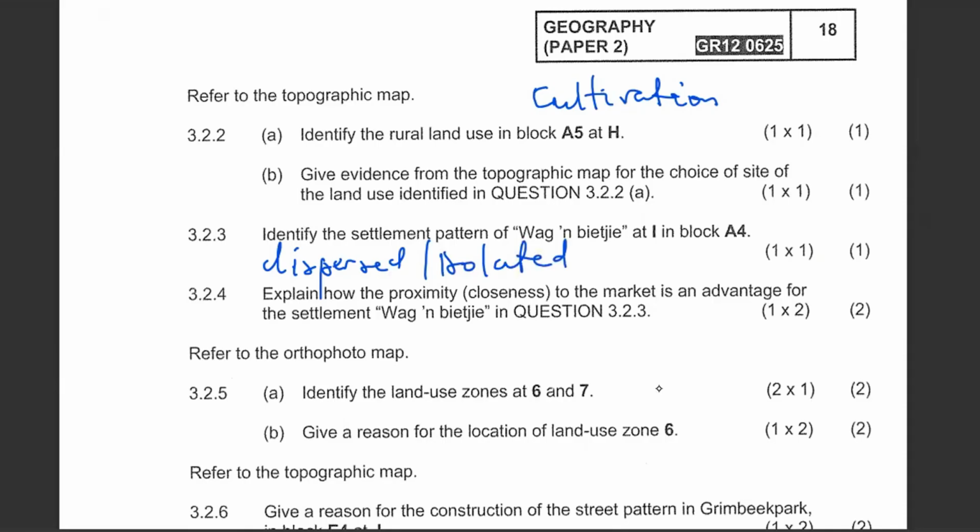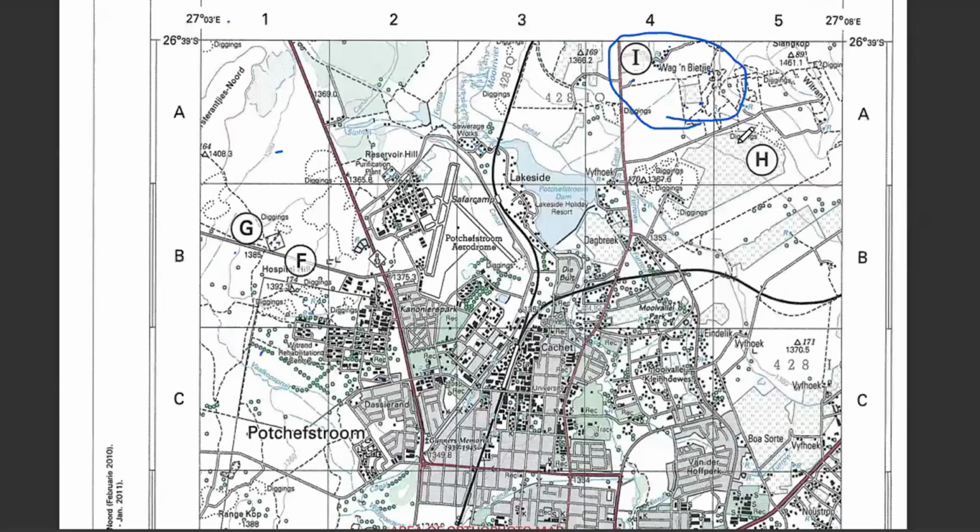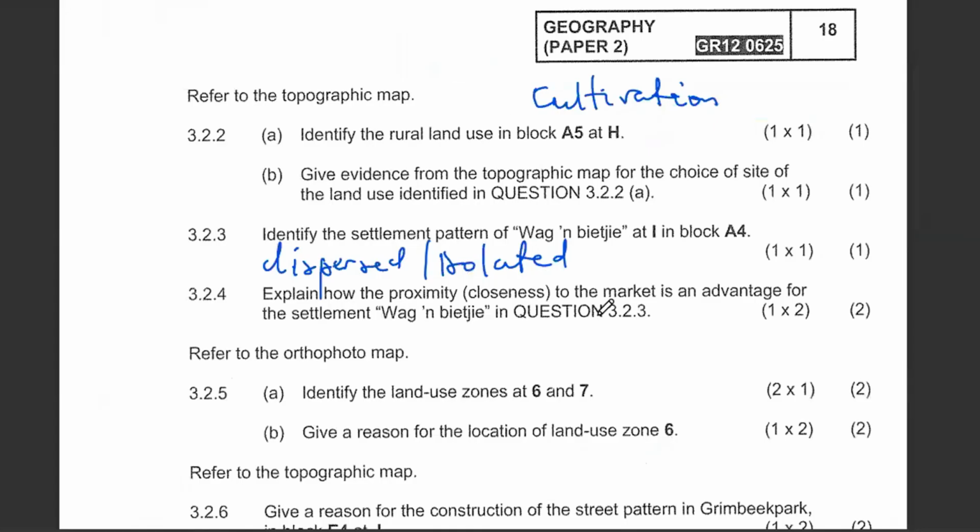Explain how proximity or closeness to the markets is an advantage for the settlement Wagon Beach. Why is it an advantage for it being close to the market? Right. If we check this area here, we can see there's cultivation taking place here, which means it's also a farming area. So if it's close to the market, what is the advantage of this area being close to the market?